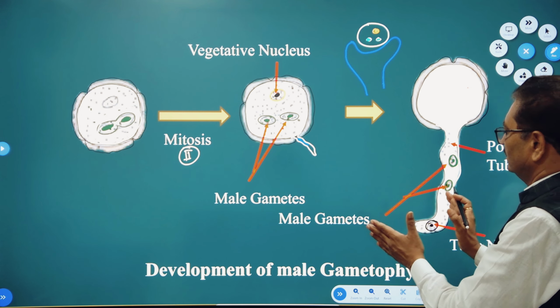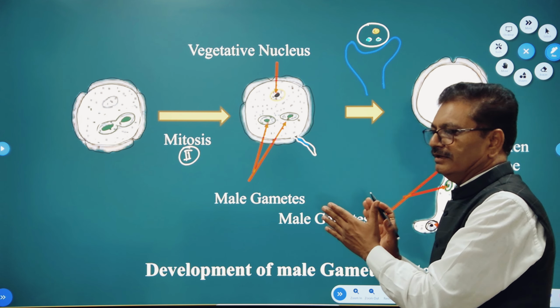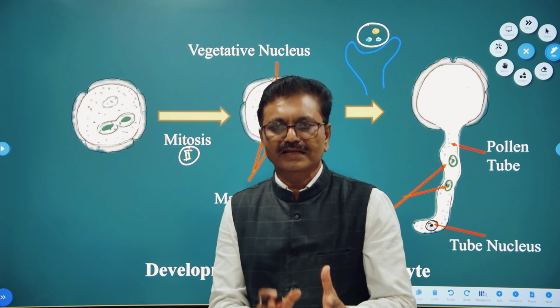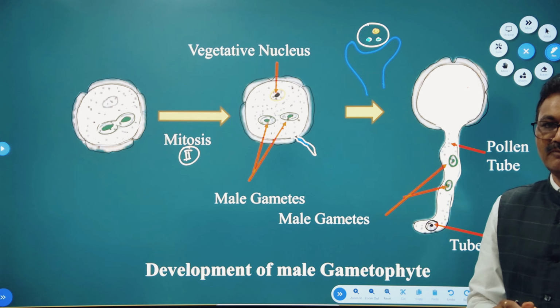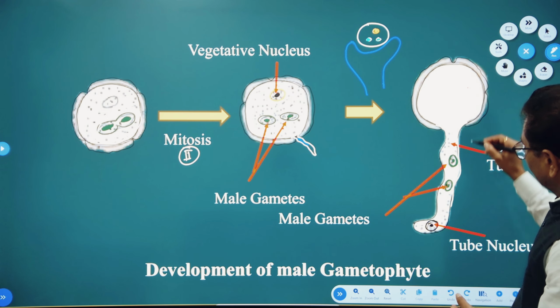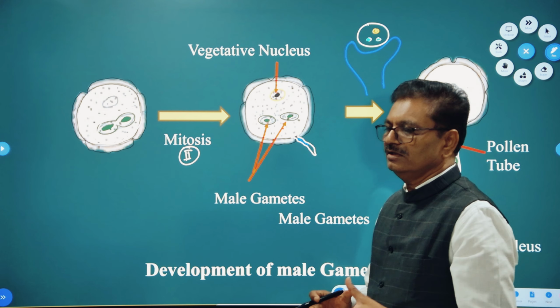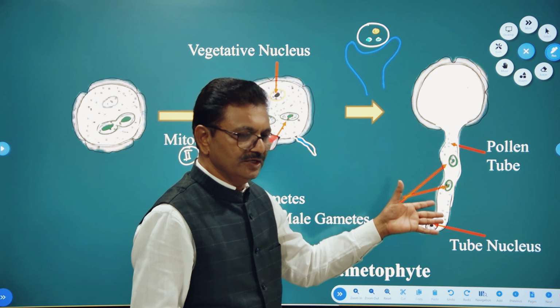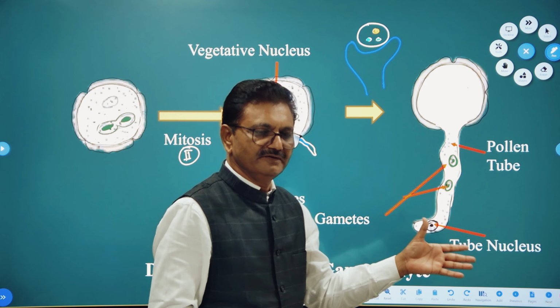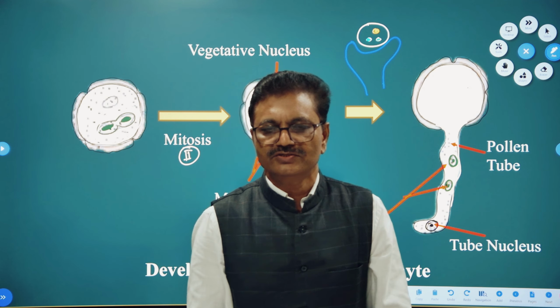That is the latter part of male gametophyte development. So these are the different stages of male gametophyte development, and this is the male gametophyte, a small plant where male gametes are produced, and these male gametes will take part in fertilization in angiosperms.